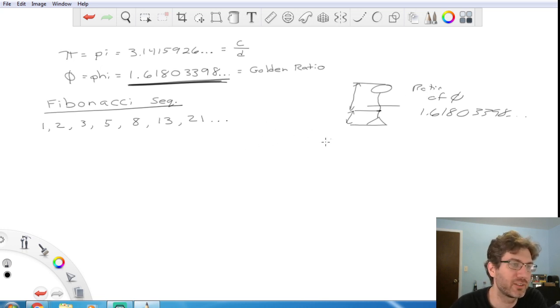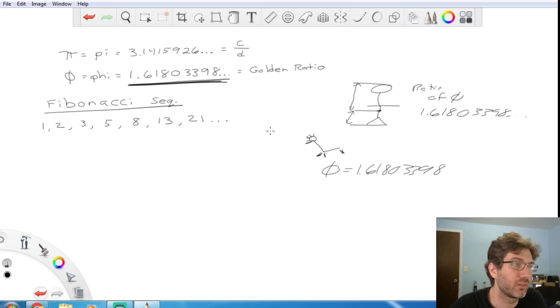You also looked at the distances in your hand, but also if you look at your arm, you have an arm here, your little robot hand. This distance from your wrist to your elbow and from your elbow to your shoulder, the ratio of those two distances is also phi, which is 1.6180339.